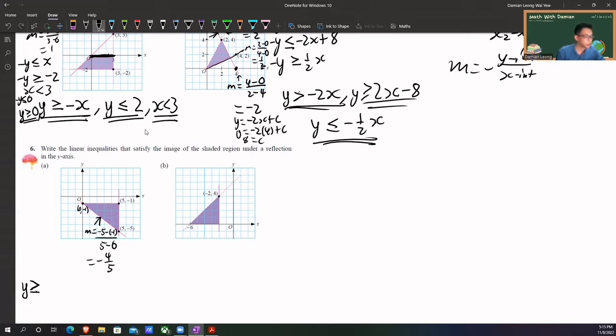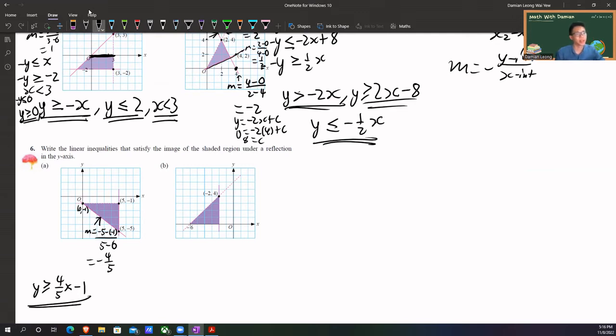So it should be -4 over 5x minus 1. However, I need to put a negative on the x, so from negative it becomes positive. It becomes y more equals 4 over 5x minus 1.